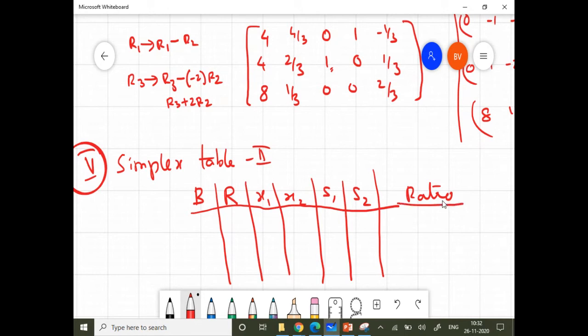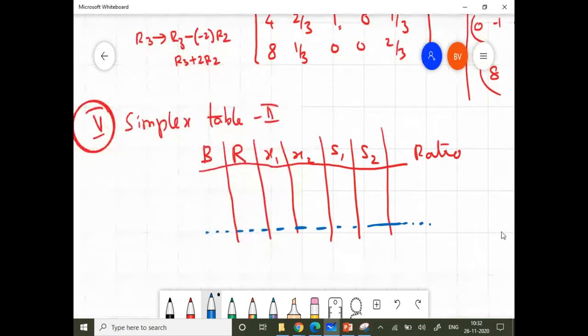Basic variables now, and there are two rows. After two rows, we will write the z row. The third row will be the z row. So this row is for z. And what are the basic variables?